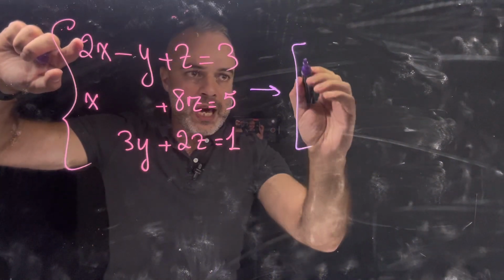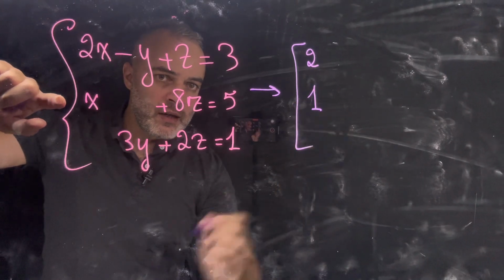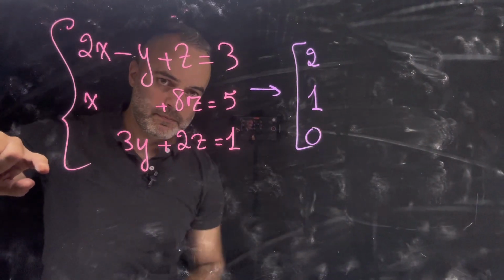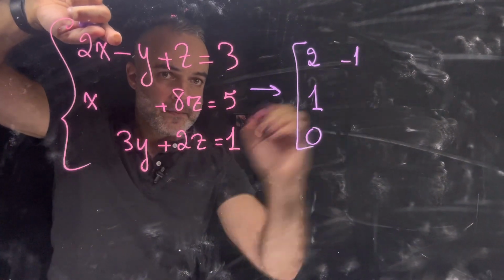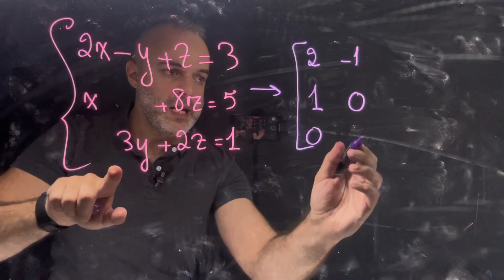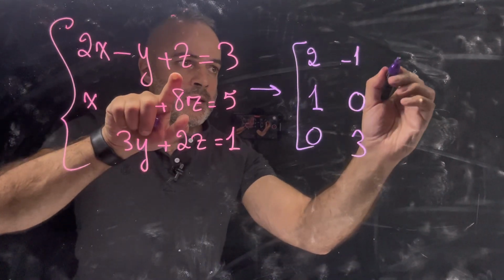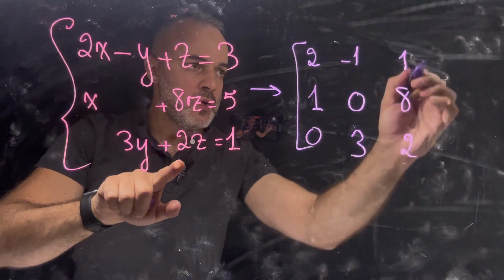So for the x, we have 2, we have 1, here we have nothing, okay, 0. For the y, we have minus y, that's a negative 1. Nothing for y here, so 0, 3, 1, 8, and 2.